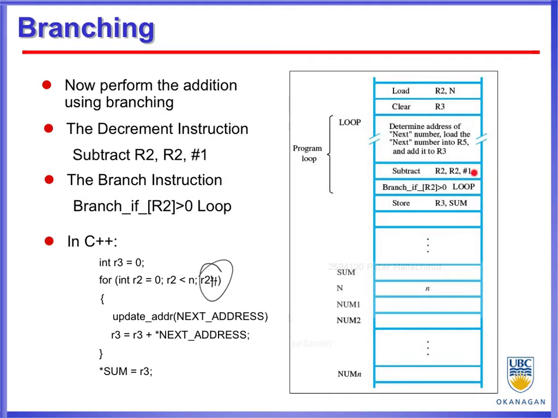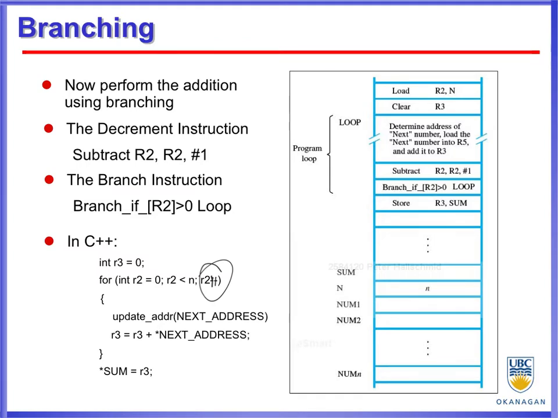Okay? We're going to subtract 1 from our counter. So R2 had small n in it, the total number of numbers. We subtract 1 from that. And then we branch if R2 is greater than 0, meaning that if we haven't gotten to the last number yet, we branch back to this memory address loop, which is up here, where we determine the address of the next number to be added in memory. Okay?